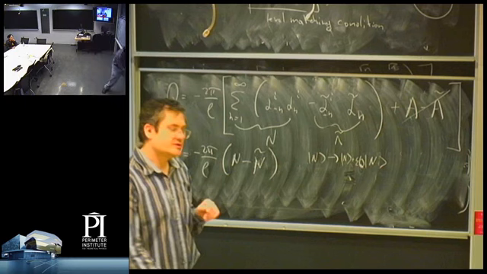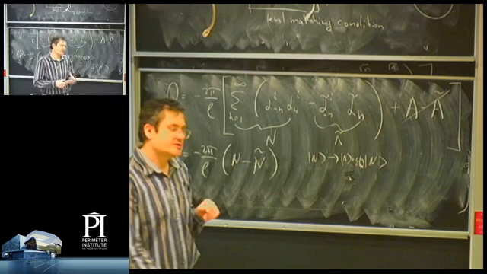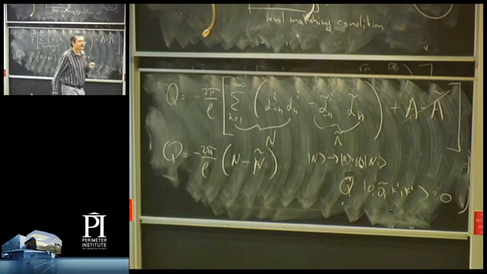Those are left moving and right moving oscillators. I'm not going to act with any raising operators, so that's my ground state. And so we're making an assumption that our ground state is annihilated by Q.